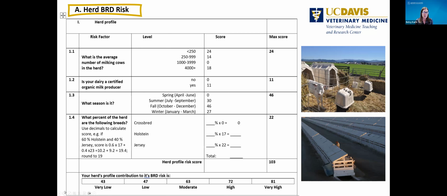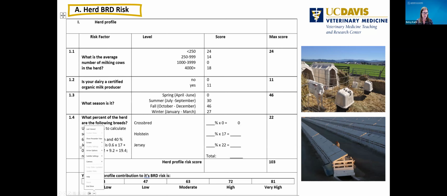So when we look at general risk of the herd, these are things that we don't have a lot of control over. Season is something that is fairly significant, and we do see respiratory disease have different challenges as we go through the year, but obviously that's not something we have a lot of control over too.